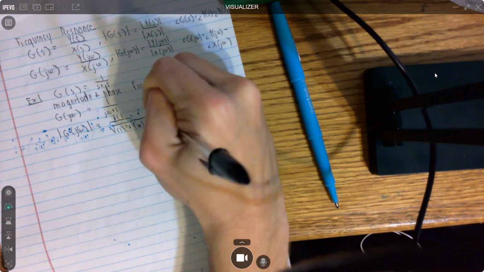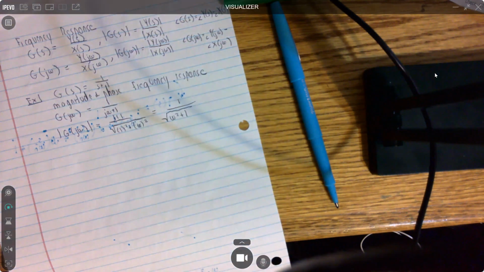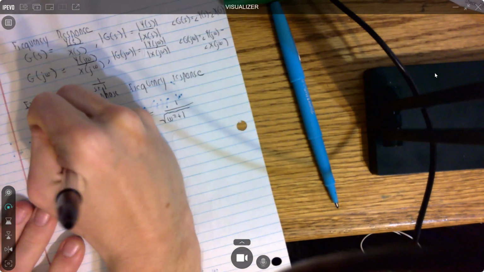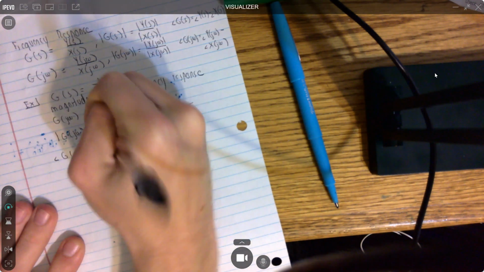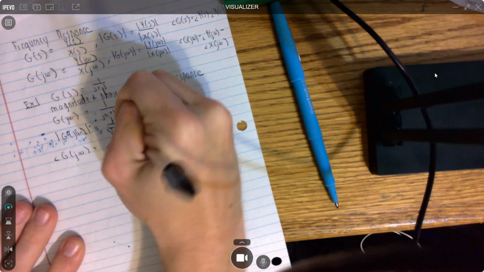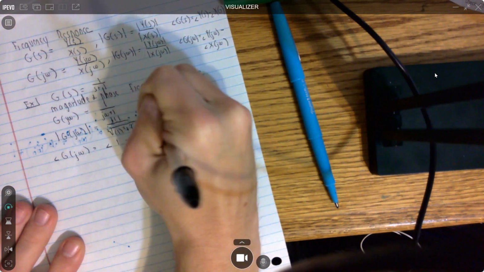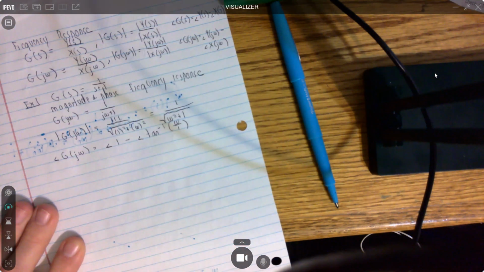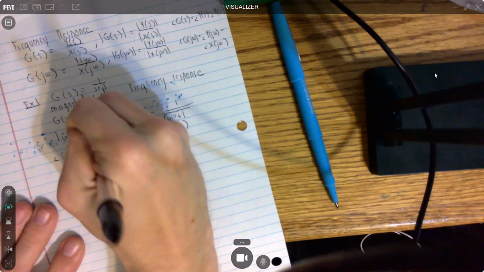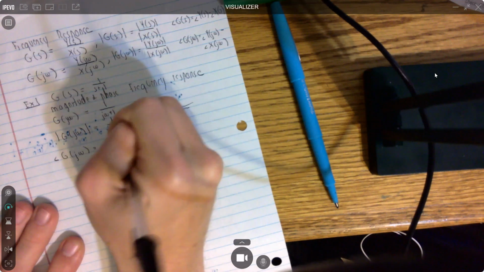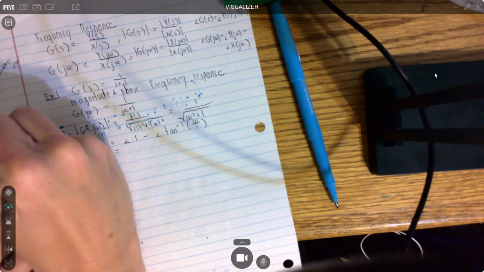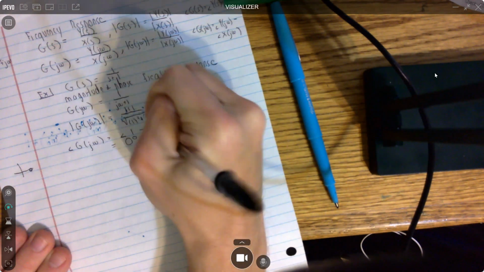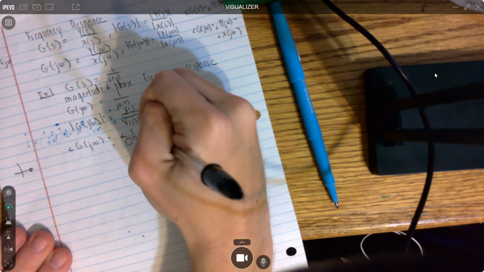Now, to determine the phase, the angle of G of J omega is equal to the angle of the numerator, so the angle of 1, minus the angle of the denominator, which is tan inverse of the imaginary part over the real part. The angle of 1 on your unit circle, remember, 1 is literally just here, so it's 0 degrees, minus tan inverse of omega.